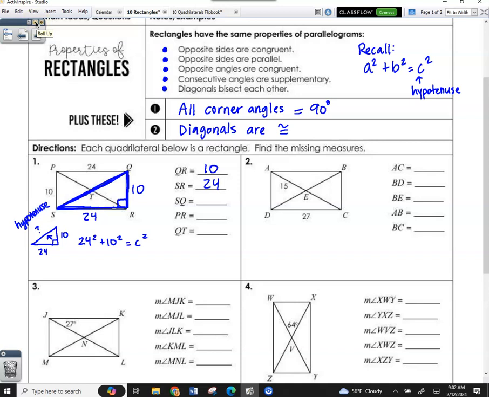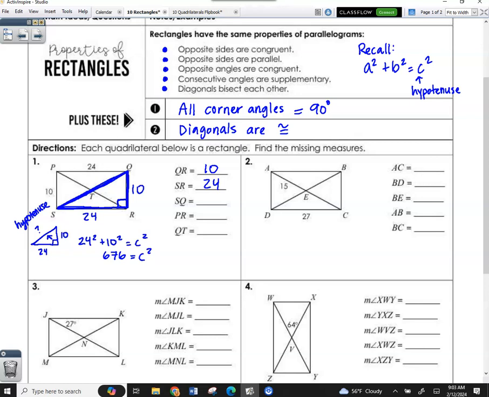What do you get? 676. Now we need C squared to be just what? C squared needs to be what before I'm done here?